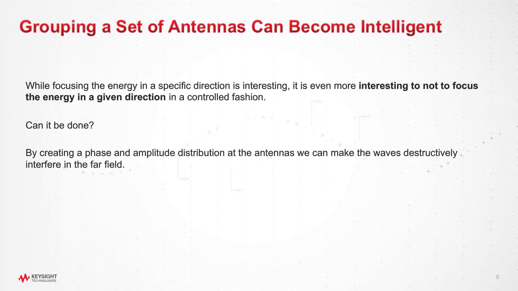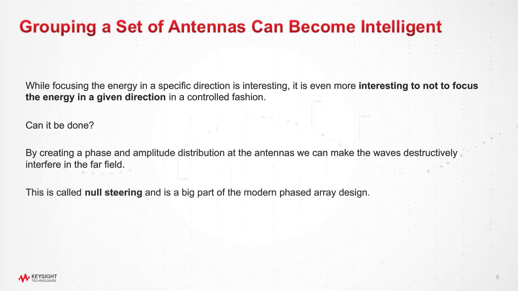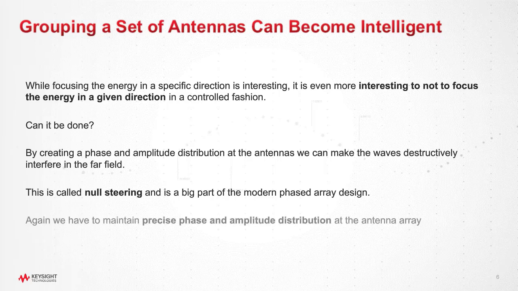We can make the waves interfere destructively in the far field. This is called null steering, and it is a big part of phased array design. Again, the requirement here is that we have to maintain precise amplitude and phase distributions at the antenna array.